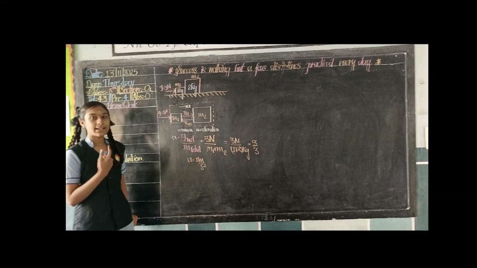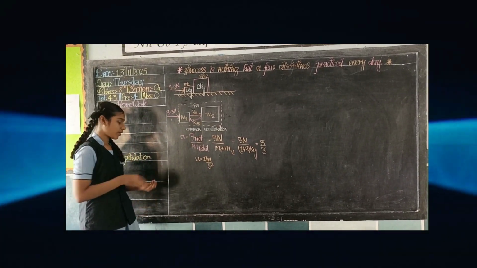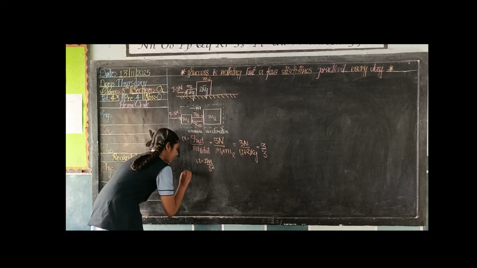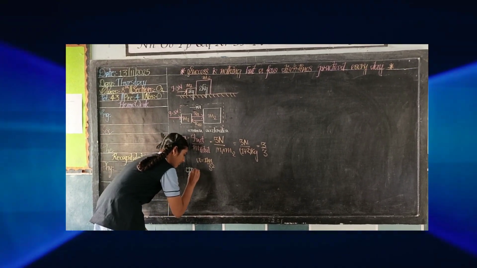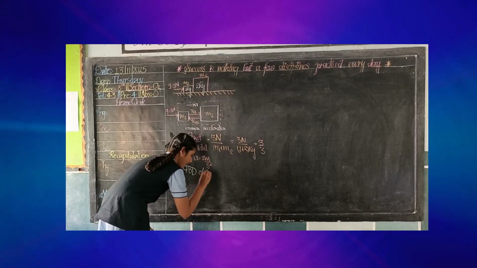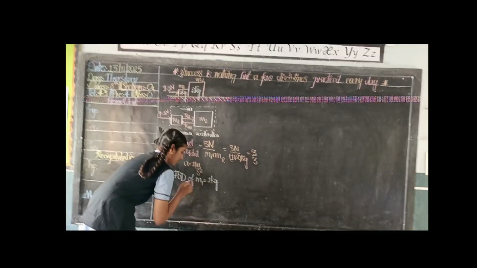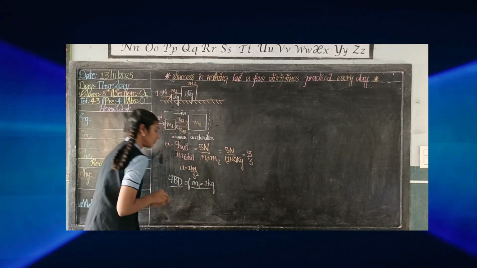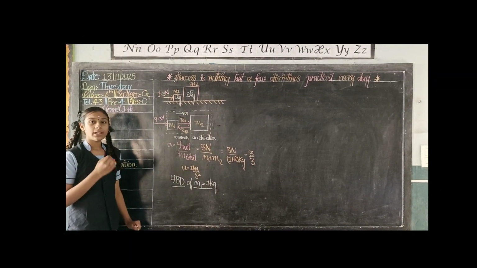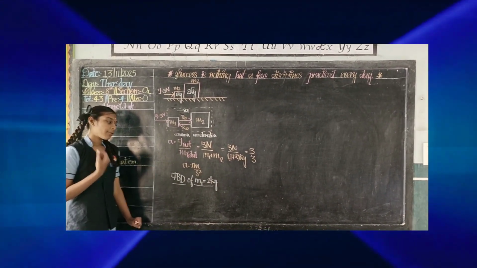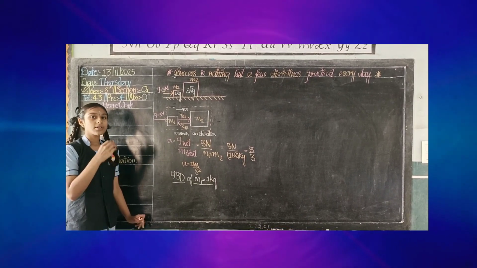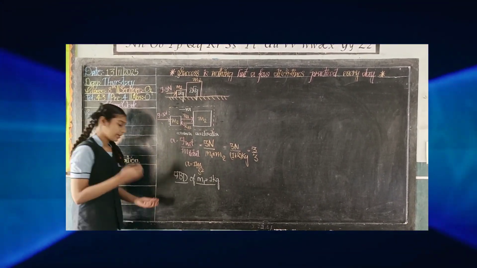Now we need to find the reaction between the first body and the second body. So we are writing the FBD of the M1 body, whose mass is 1 kg. While drawing FBD, we should only consider the forces which are acted on the body, not which are acted by the body.